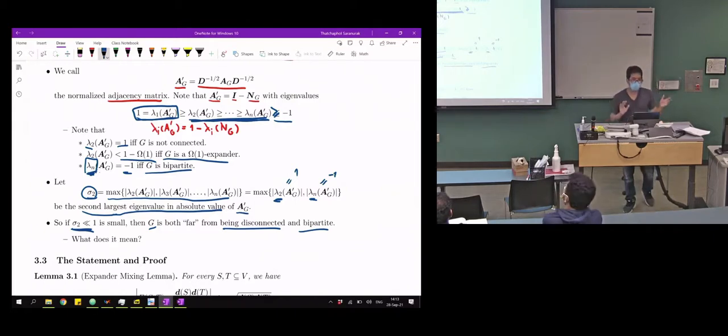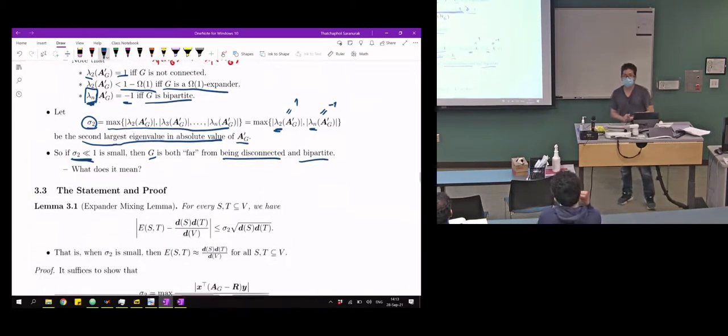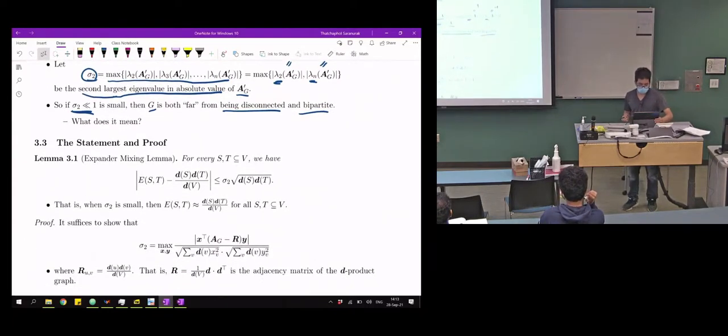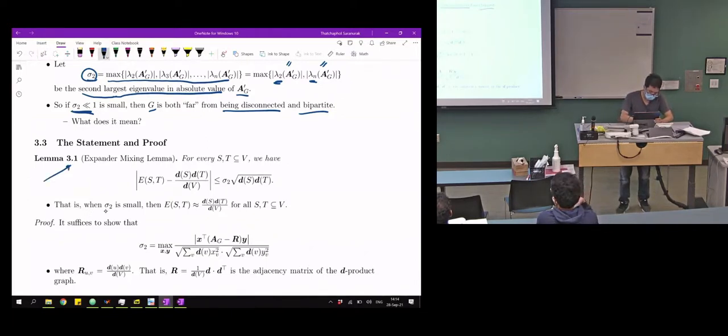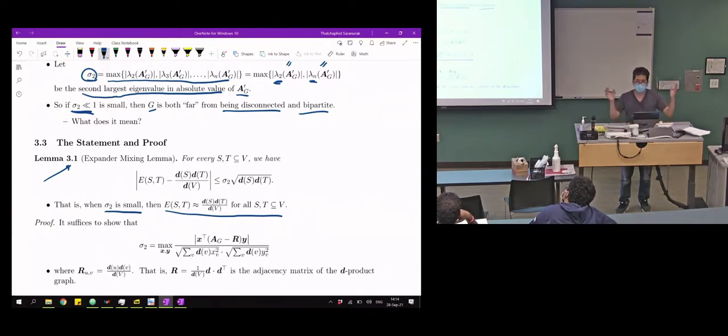But what does it really mean? Before I go to the statement, it means that when sigma 2 is small, you have this strong property for every 2 sets. Now it's about 2 sets, not just 1 set.